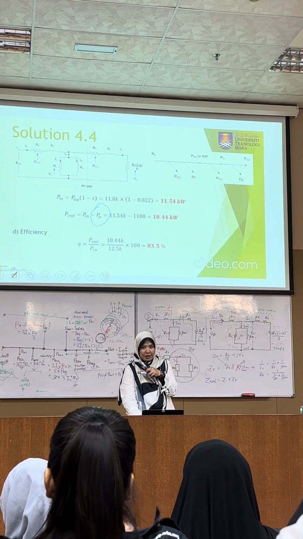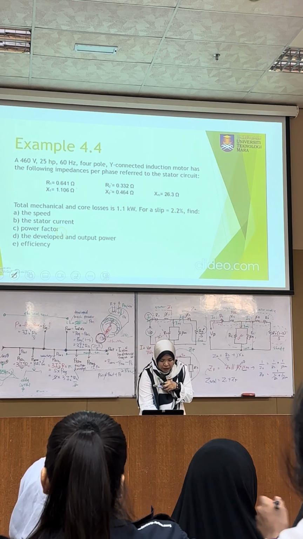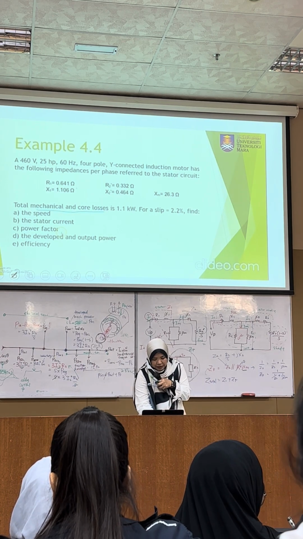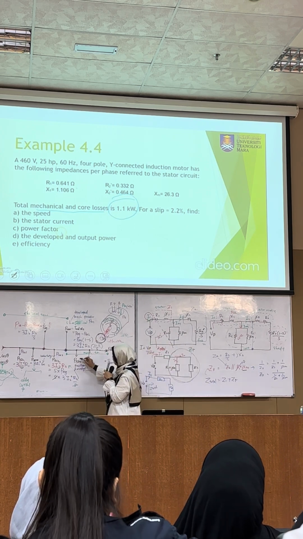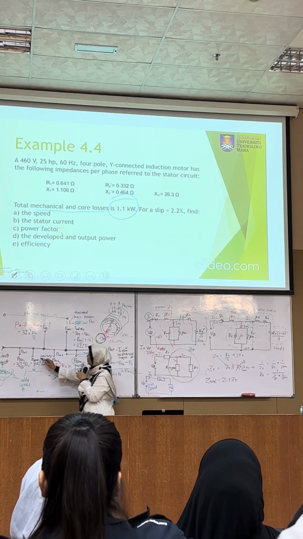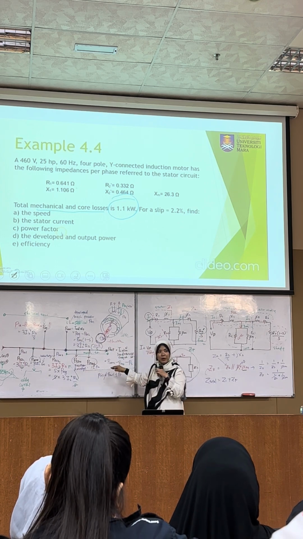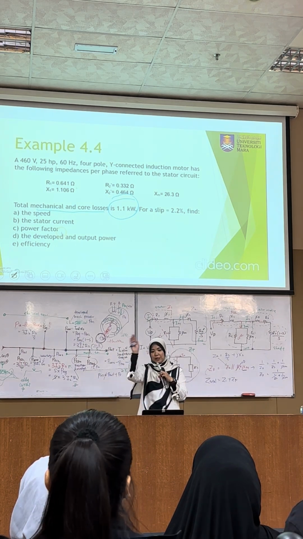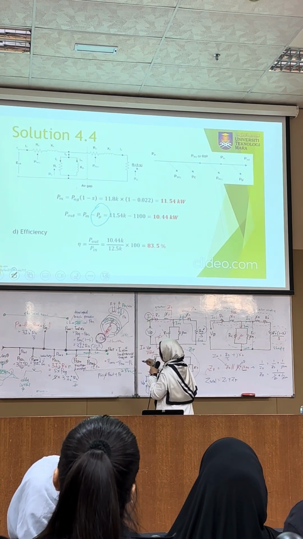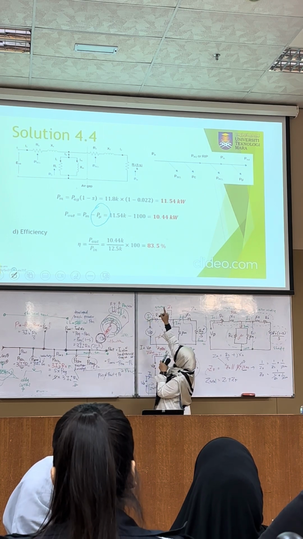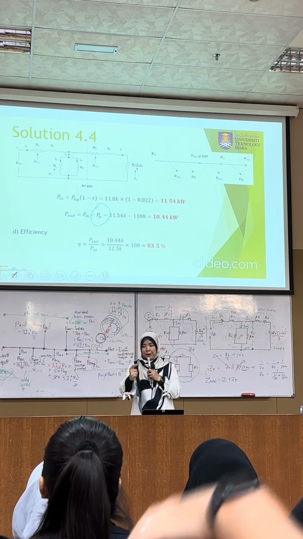Friction and core. The total mechanical and core losses is 1.1. So by right, the mechanical is here, and core losses. Dia tak tolak step by step macam kita buat. However, dia lump sum dekat hujung last sekali, here, dekat output. Baru dia include the mechanical and core losses here. So it is the same.